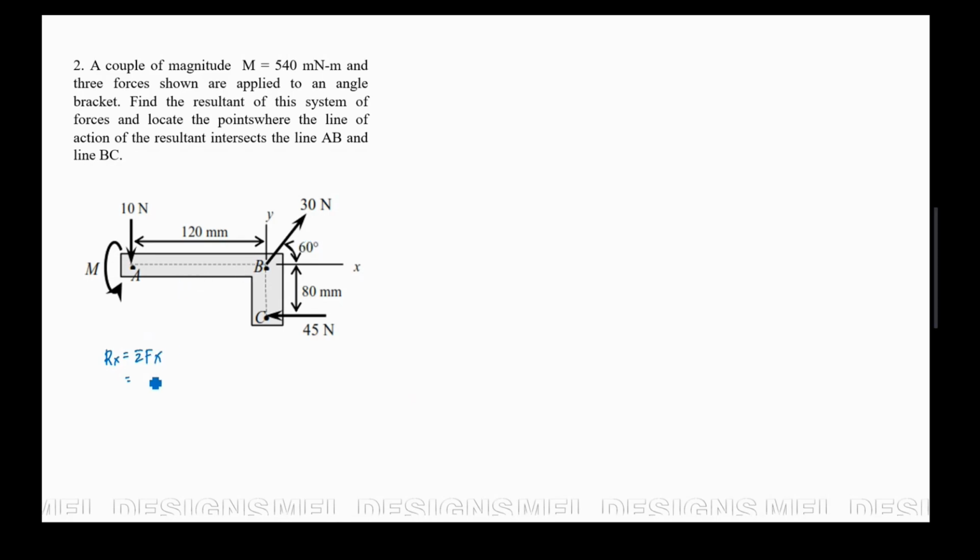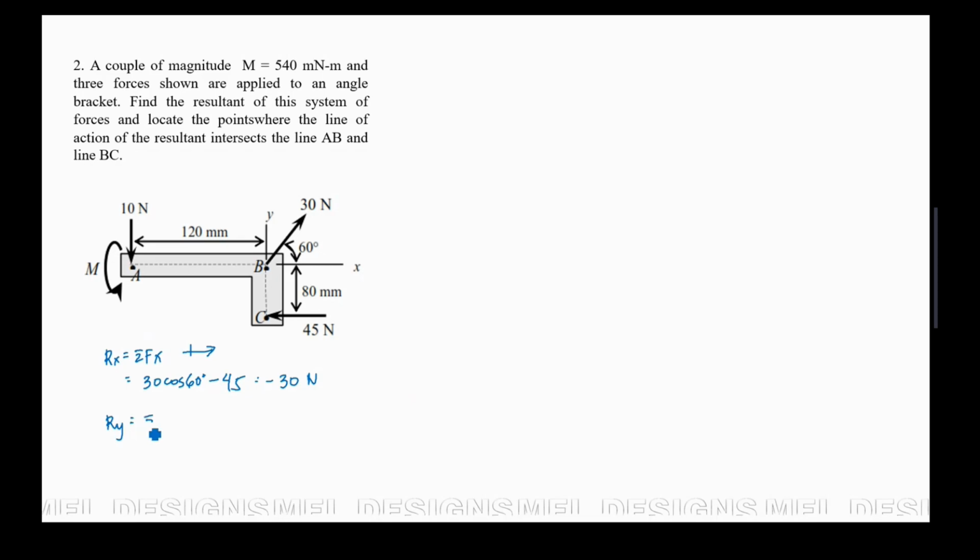We have here 30 cosine 60 degrees minus 45 Newton. So all right will be positive. Therefore, this is equal to negative 30 Newton. Next, Ry.